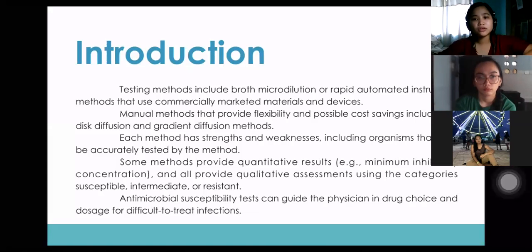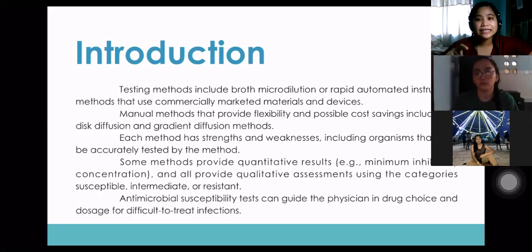However, in rapid automated instruments, if you could still remember the VITEK, the VITEK is one of the machines which has the function to do the antimicrobial susceptibility testing of our microorganism. So this can be broth microdilution or rapid automated instruments. And then we have these manual methods. They provide flexibility and possibility of cost savings, which include the disk diffusion and the gradient diffusion methods.